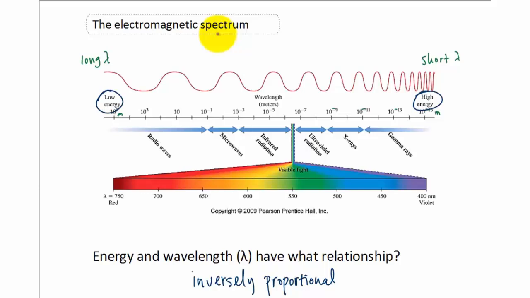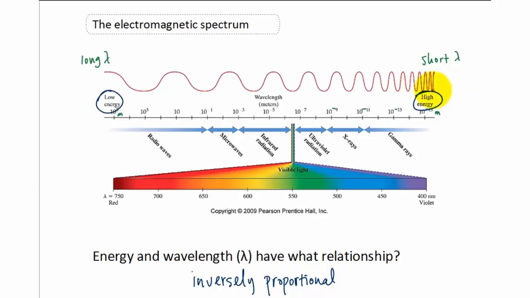If you've got these coming into contact with something, your hand or a collector, one wave will take much more time to pass through, as opposed over on this end, where the waves are very short. Since they're still traveling at the same speed, there will be many, many, many waves that pass through a point in any given period of time. So you can think of over here, many more waves are hitting at any point in time. That's why they have higher energy.